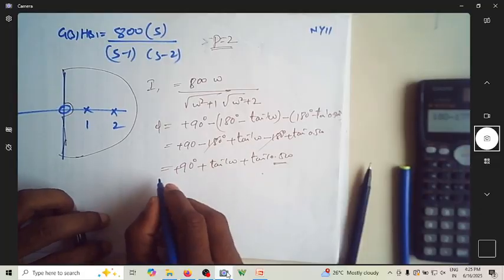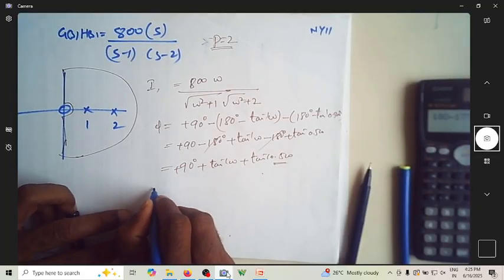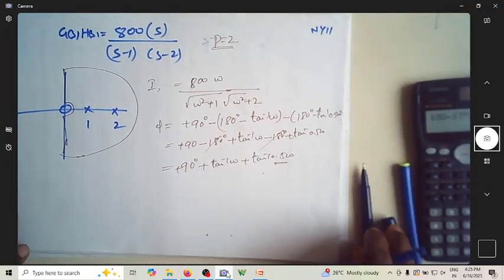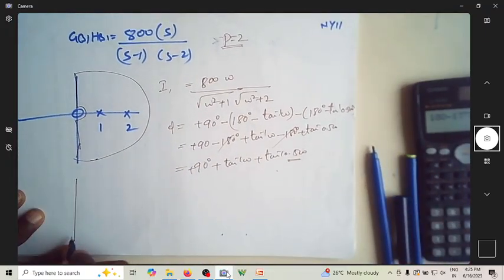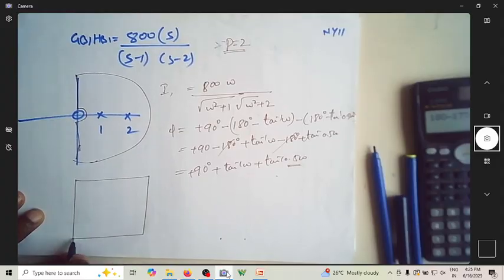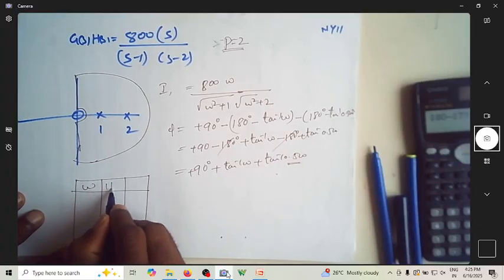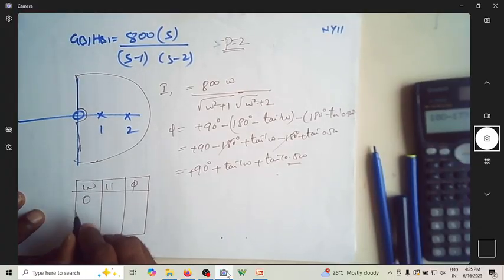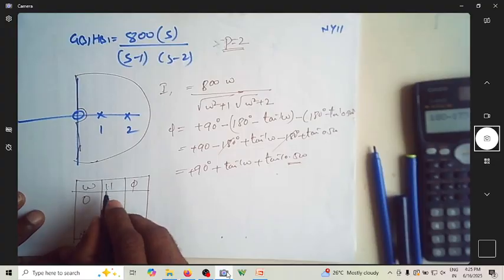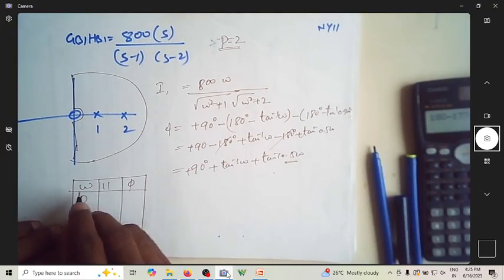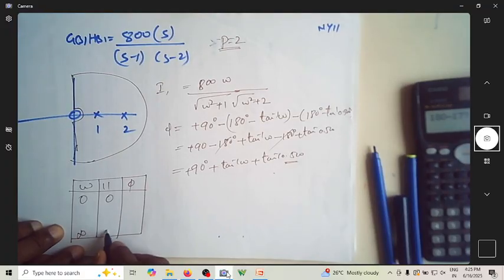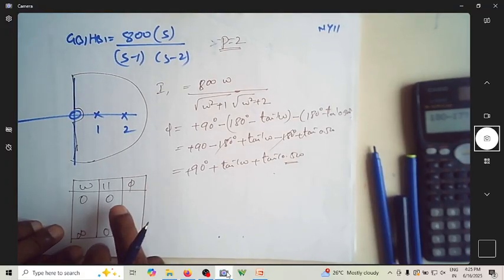Magnitude is also given. Let me write the table corresponding to omega, magnitude and phase. At 0, it is infinity. If it is infinity, it is 0.